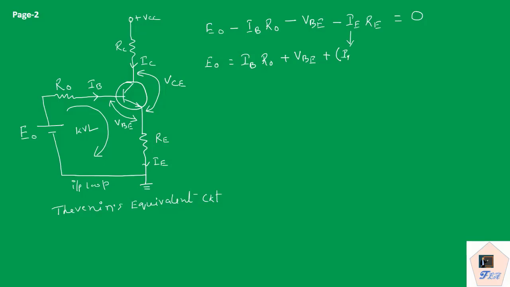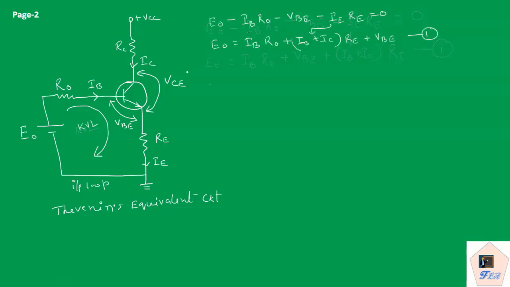We can write IE as IB plus IC, since in a transistor the emitter current is the summation of IB plus IC, times the emitter resistor RE. Let us call it equation number 1.